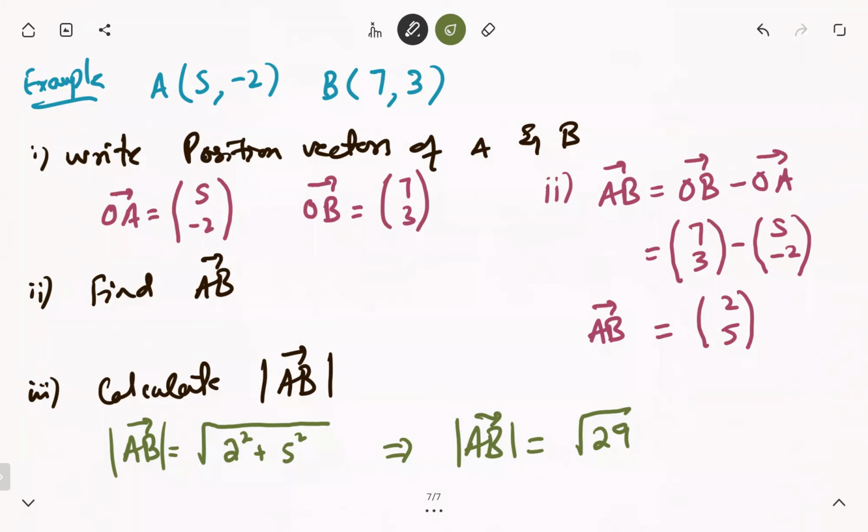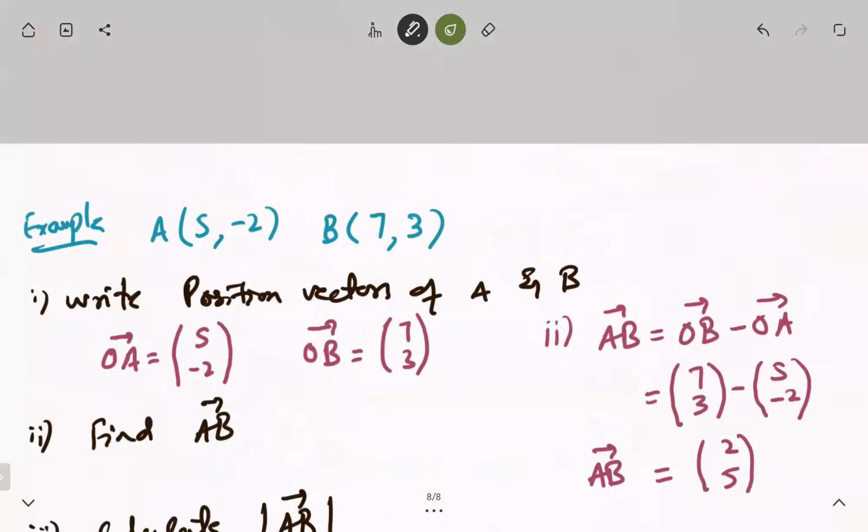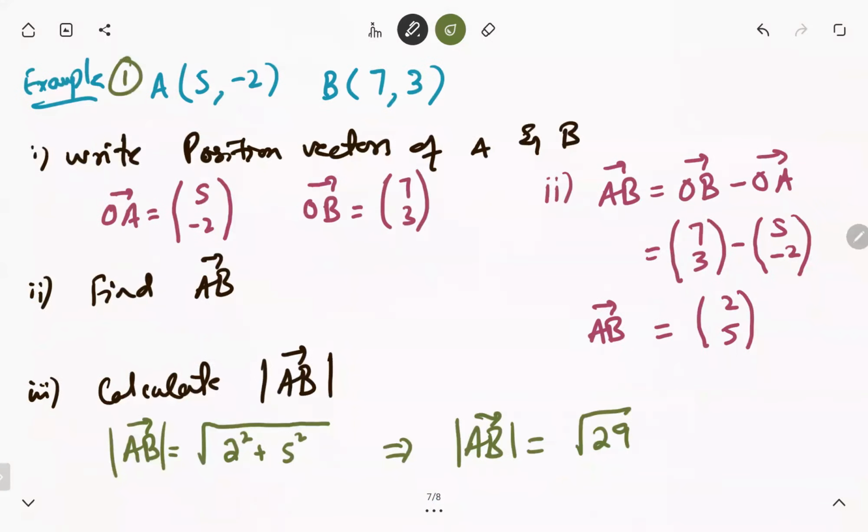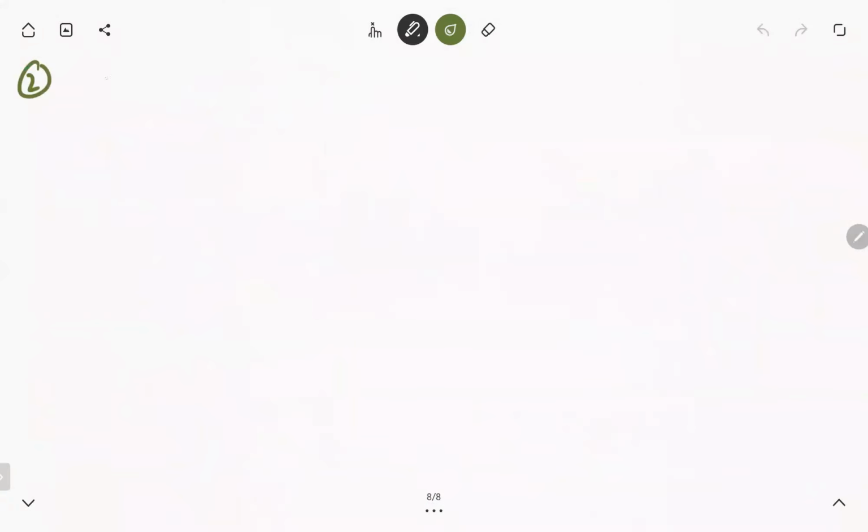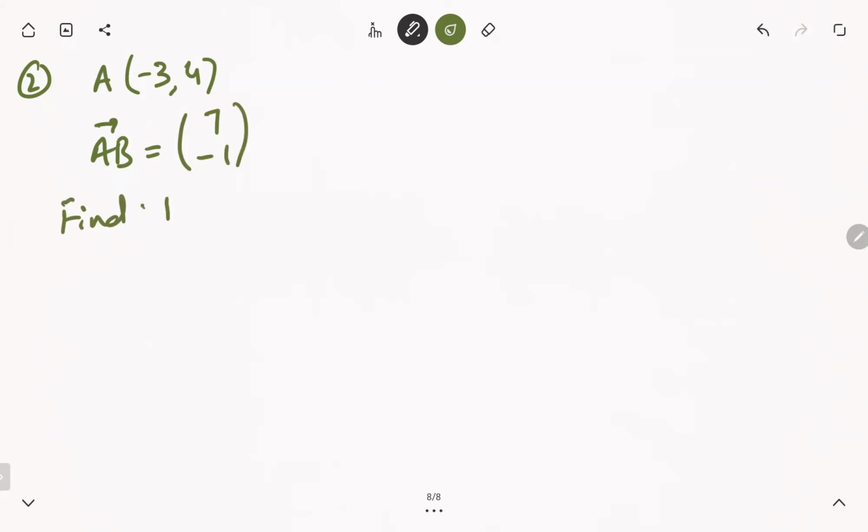Next example. If you have A as (-3, 4), the vector AB is (7, -1).